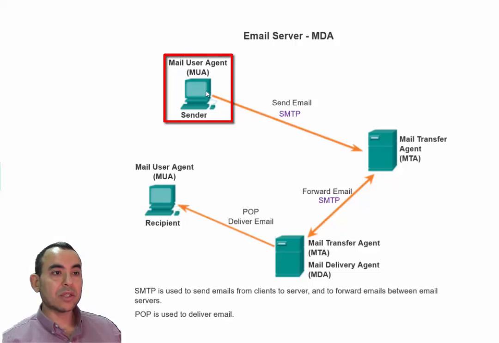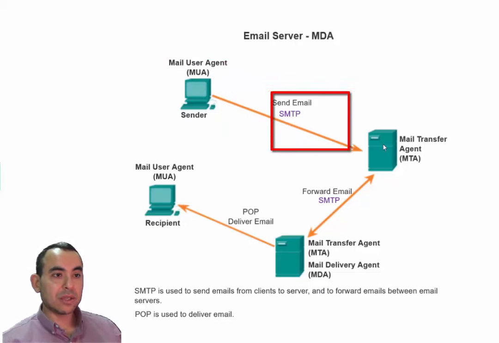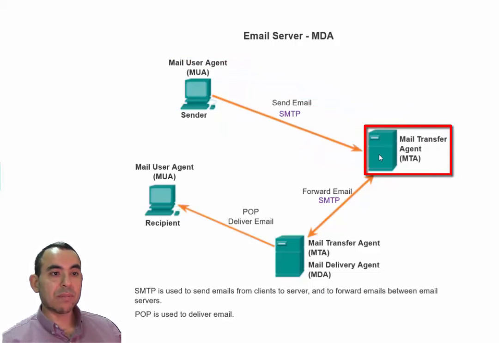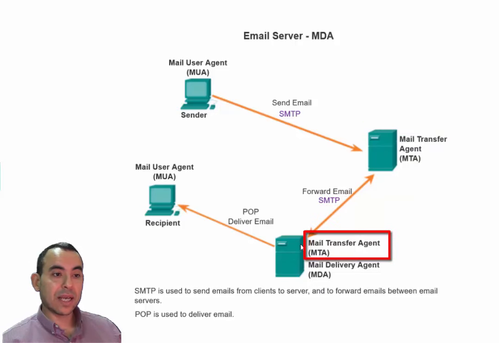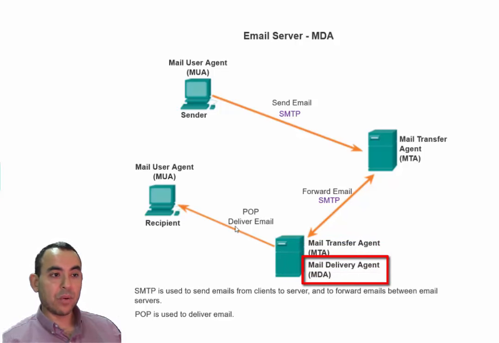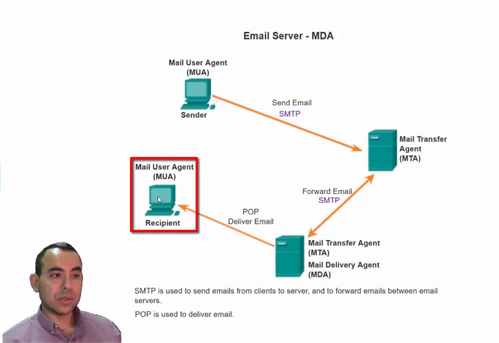The mail user agent will send the message using SMTP to the mail transfer agent. The mail transfer agent may, based on the domain name, forward the message again using SMTP to another mail transfer agent. Then this mail transfer agent runs on a server which has another mail delivery agent, which is invoked by the POP3 protocol to deliver email to the mail user agent on the recipient side.